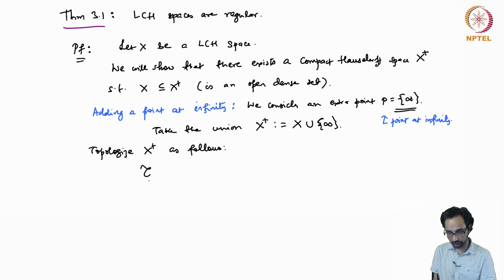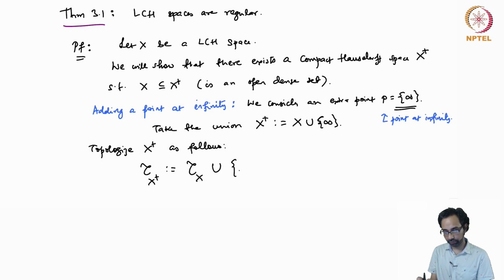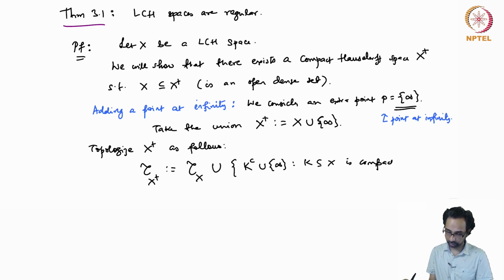The topology on X plus is by definition the topology on X, which is the locally compact Hausdorff space we started out with, together with the sets of the form K complement union infinity, where K is a compact subset of X. These kinds of sets are called neighborhoods of infinity, because they contain the point at infinity, and this kind of set is open.